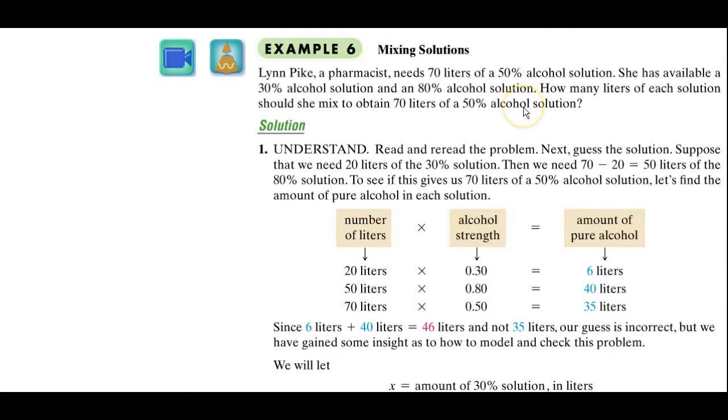Now, we did some like this in Chapter 2, mixing solutions, but again, that we can use two variables makes it actually a little bit easier. So let's read this over.